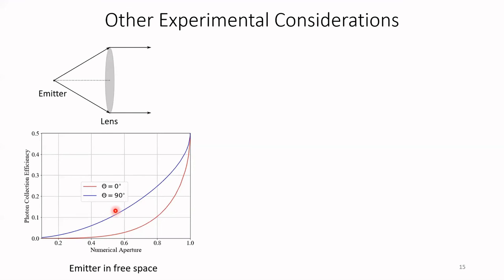For a dipole, we're currently working on how to maximize photon collection efficiency. But just to give a small idea, a dipole oriented along the optical axis has a lower collection efficiency than a dipole oriented in-plane. That's good and bad for us depending on the orientation, how much the dipole is tilted in our interlayer excitons.